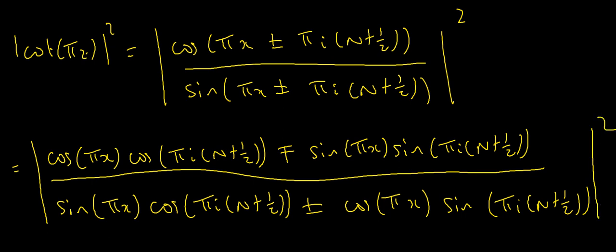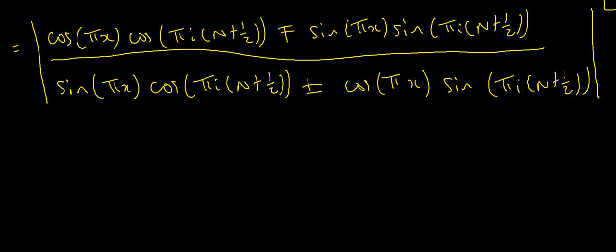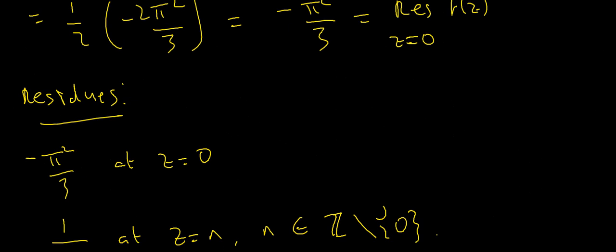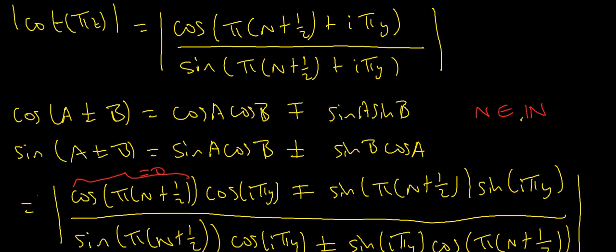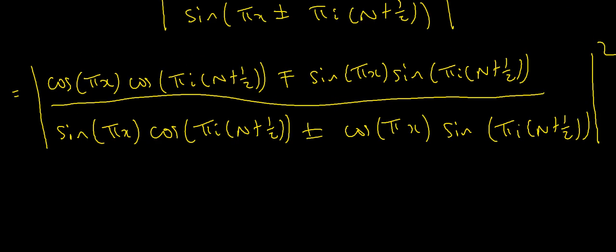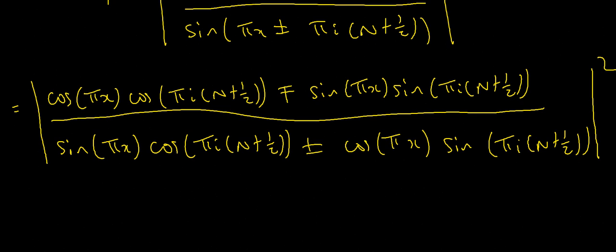Now this looks quite a nasty expression, but trust me, it does simplify into something a bit nicer. Let's get back to where I was. I can actually do something about these sine pi i and cosine pi i terms.